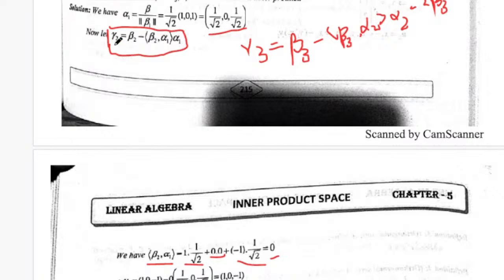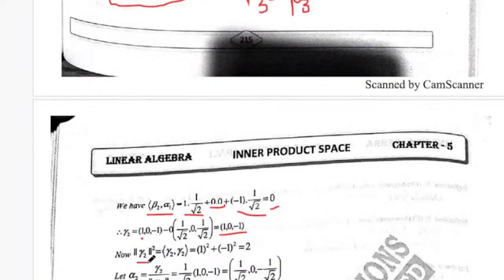So gamma 2 is nothing but beta 2, which is 1, 0, minus 1, minus 0. That is 1, 0, minus 1. Norm of gamma 2 is square root of 1 plus 1, that is root 2. So alpha 2 will be gamma 2 by norm of gamma 2. We have to find alpha 1, alpha 2 and alpha 3. Alpha 1 is nothing but beta 1 by its norm.